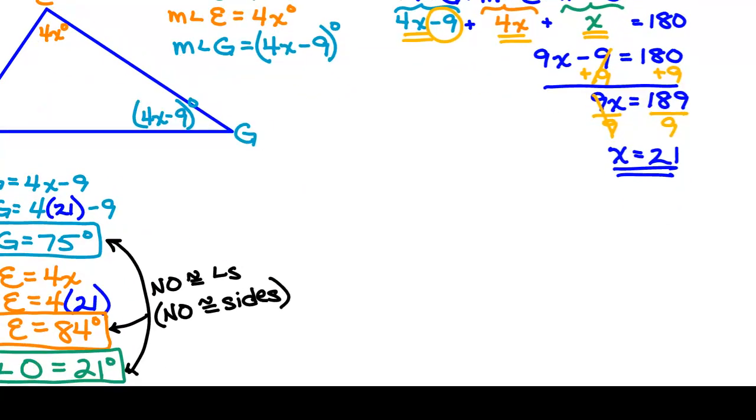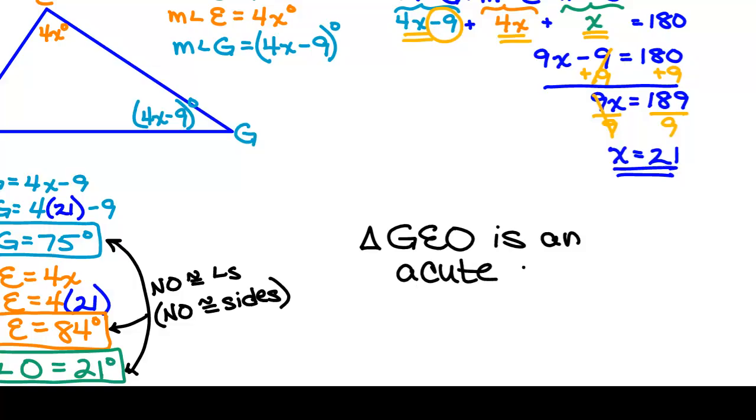No, then they are acute. So triangle GEO is an acute scalene triangle.